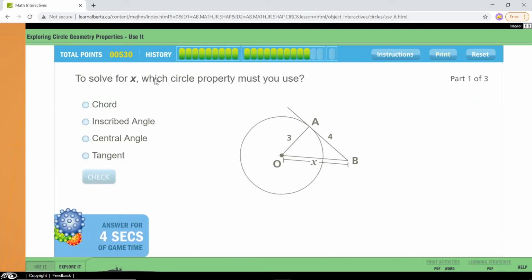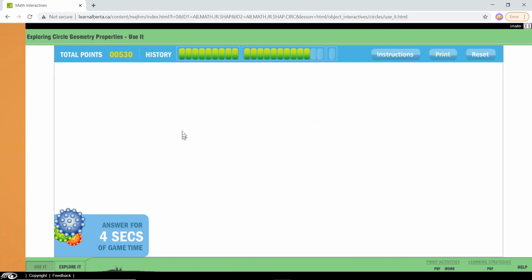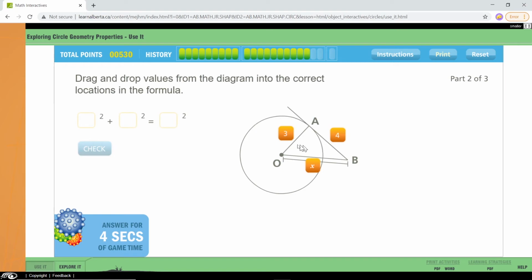Okay, to solve for x, which circle property must you use? Also, since the straight line touches one point of the circle, this question uses the tangent property. Okay, next, drag and drop.